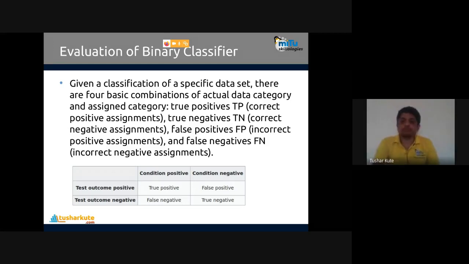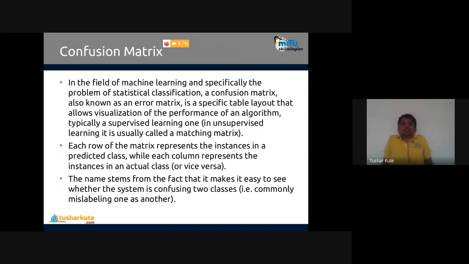This concept we call the confusion matrix. With the help of the confusion matrix, the accuracy of a classifier can be identified. In machine learning, specifically the problem of statistical classification, a confusion matrix, also known as an error matrix, is a specific table layout that allows visualization of the performance of an algorithm, typically a classification algorithm.